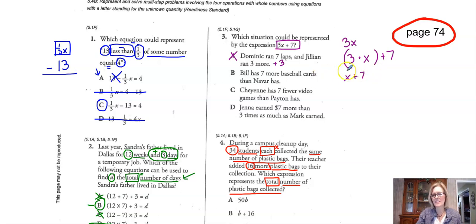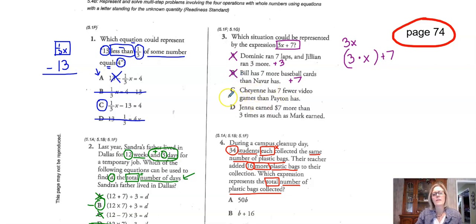But nowhere did it say that we were going to multiply by 3. That's not going to work, okay? That's just a plus 7 problem right there. So it would be just whatever Navarre has, Bill just adds 7 more to find his. We didn't multiply anything in that one.